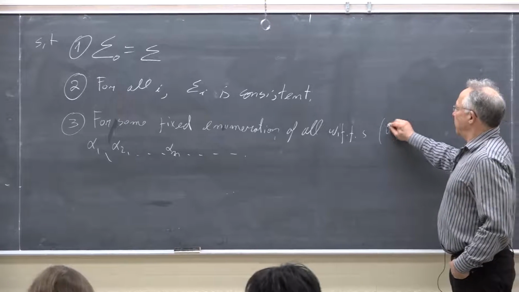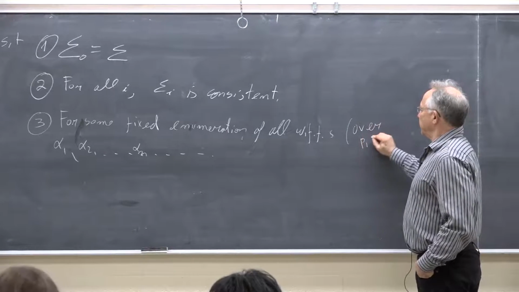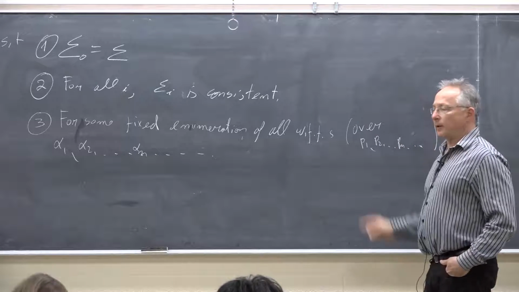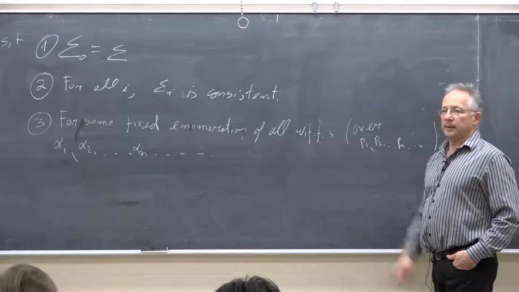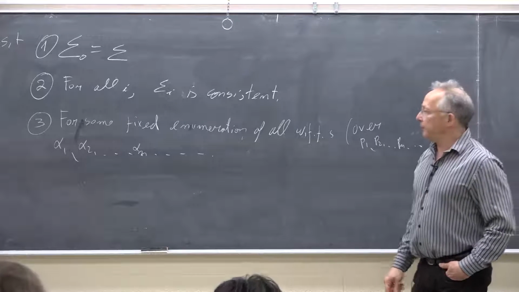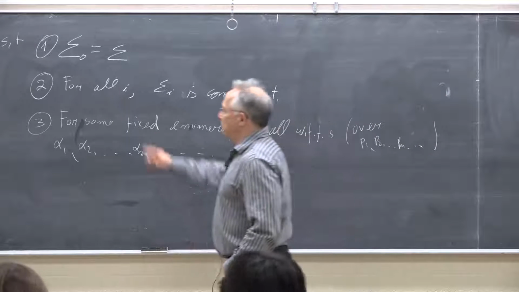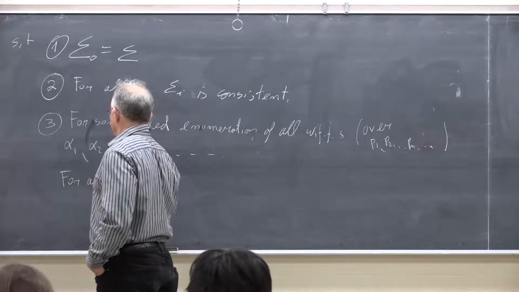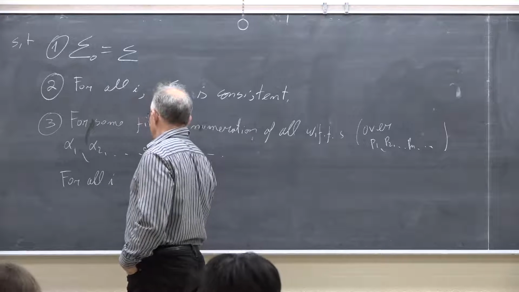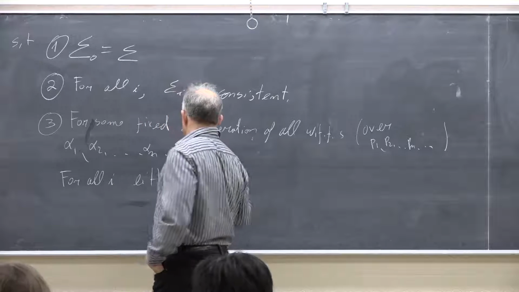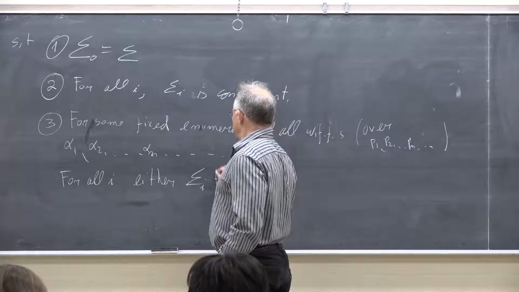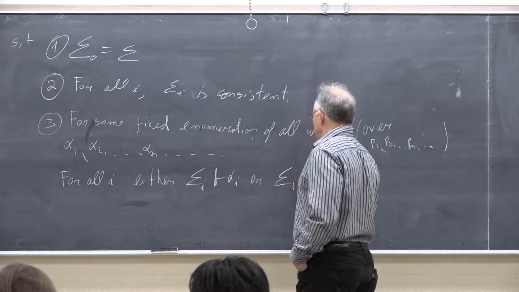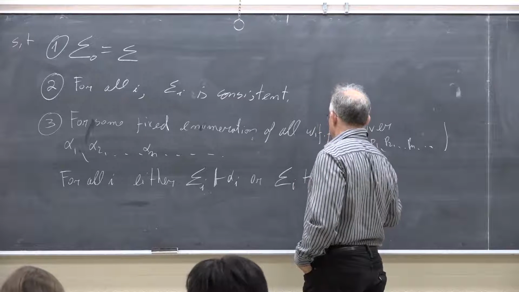So say over the variables p1, p2, pn, and so on. So I have only countably many variables. Then I can list the set of all WFFs. And for such an enumeration, what I want is that for all I, either sigma I proves alpha I, or sigma I proves the negation of alpha I.